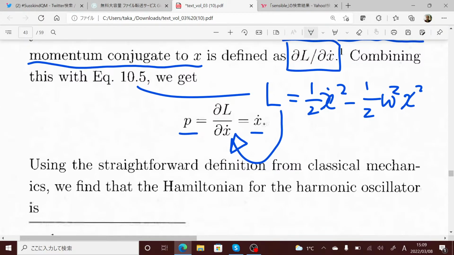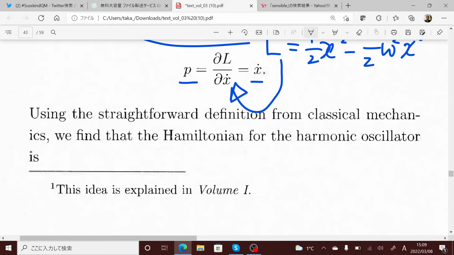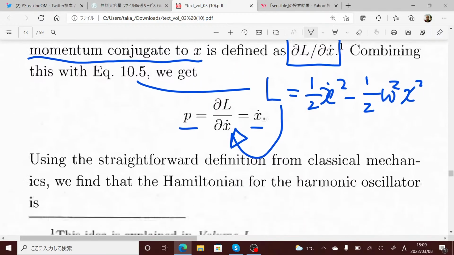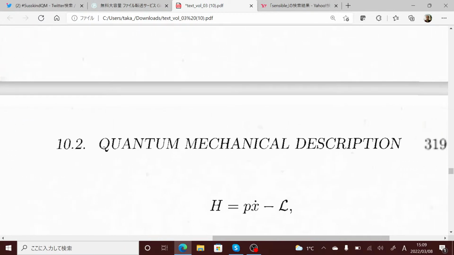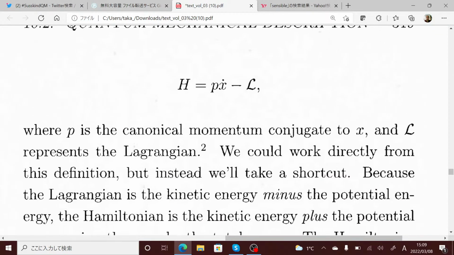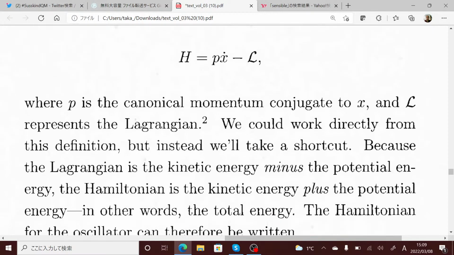Using a straightforward definition from classical mechanics, we find the Hamiltonian for the harmonic oscillator. H is called the Legendre transformation: H is p x dot minus L, where p is the canonical momentum conjugate to x and L represents the Lagrangian.